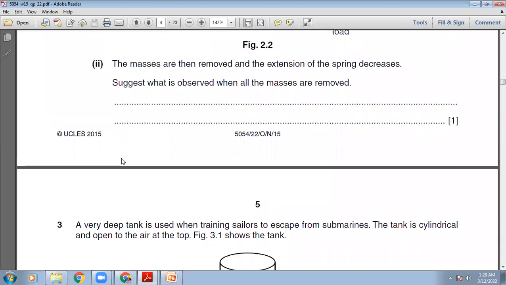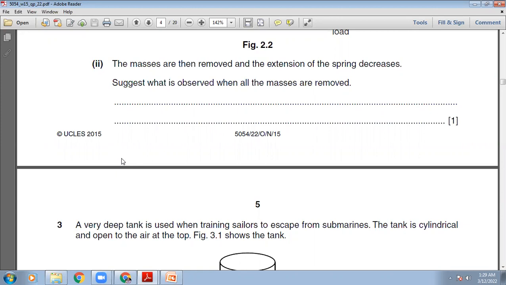that the masses are then removed and the extension of the spring decreases. State what is observed when all the masses are removed. You see, because you have crossed the limit of proportionality, when you remove all the masses, the spring will not come back to its original length. Now, when you have removed all the masses, the length of the spring will no more be equal to the original unstretched length of the spring.